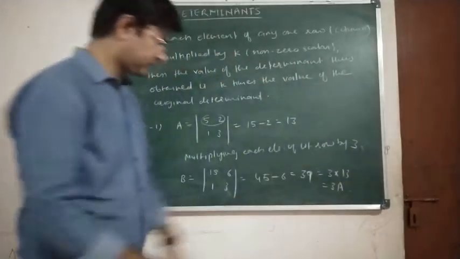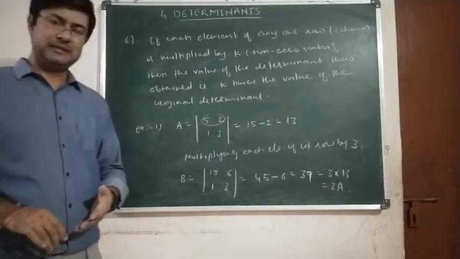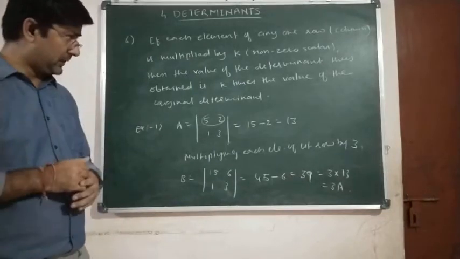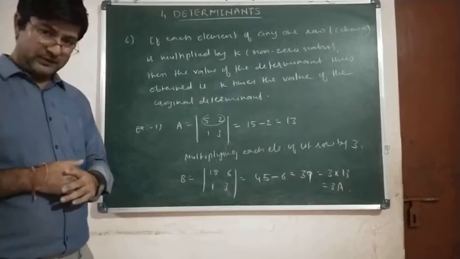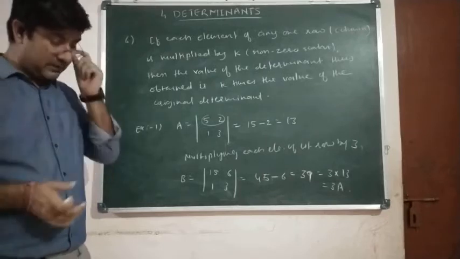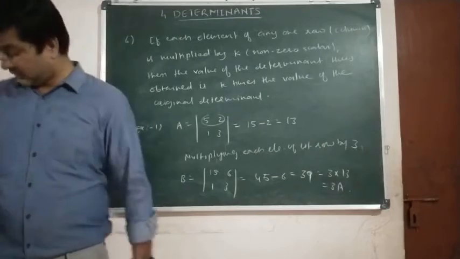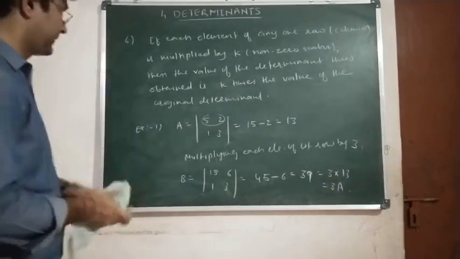Yes or no? Clear? So if we multiply each element of any one row or column by some non-zero scalar quantity k, then the new determinant thus obtained will be k times the original determinant. This is property number 6. Now we will see property number 7.